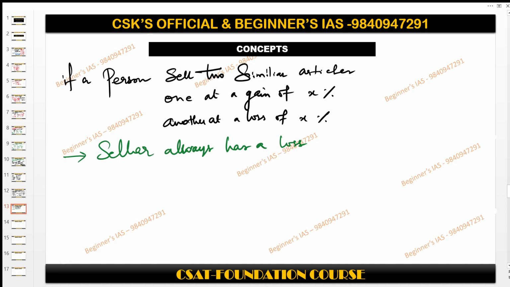Please remember, 50% of the options are eliminated. In order to find the loss percentage you can use this: loss percentage is equal to (x by 10) the whole square. Don't bother about anything else.